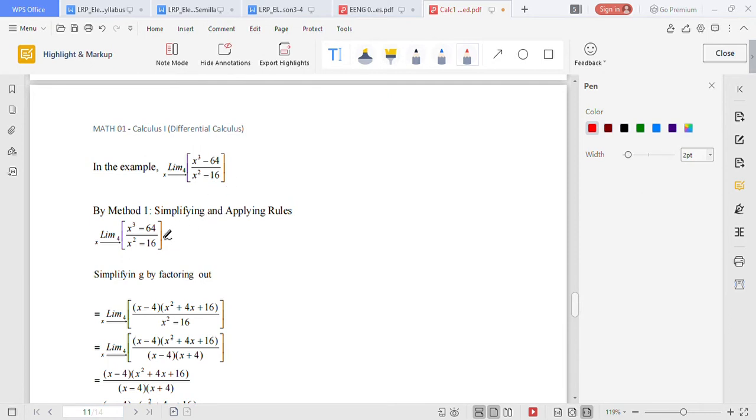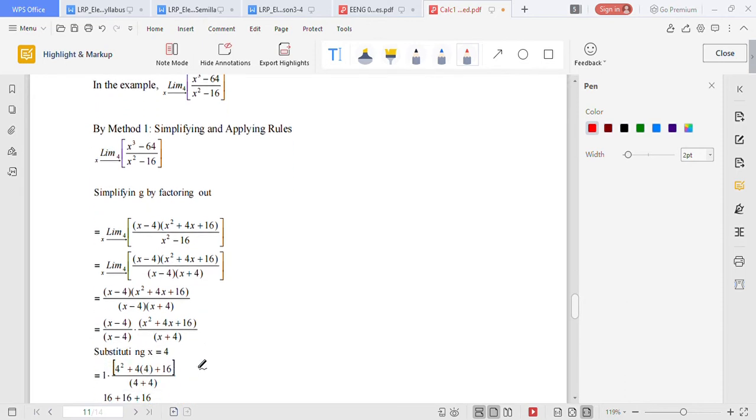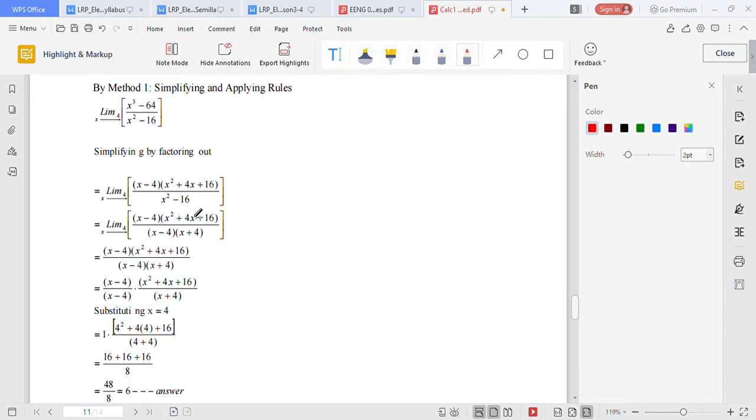So, we're going to find the limit of this function as x approaches 4. By using method 1, we just simplify and apply the rules of limits. So, we have the limit of x cubed minus 64. And how do we simplify this one? We factor. The factor of this is x minus 4 times x squared plus 4x plus 16, all over x squared minus 16. So, x squared minus 16 is a perfect square, and that's a factor of x minus 4 and x plus 4.